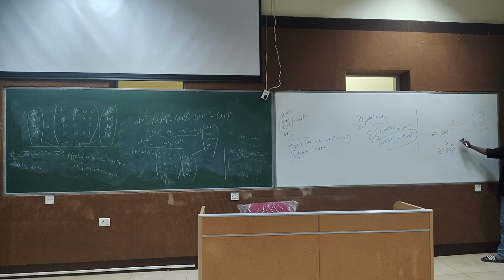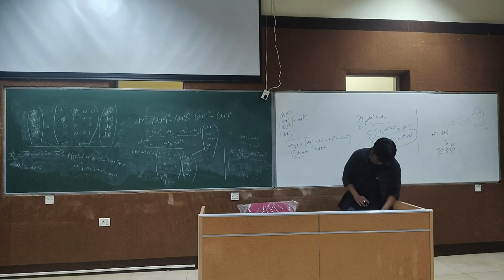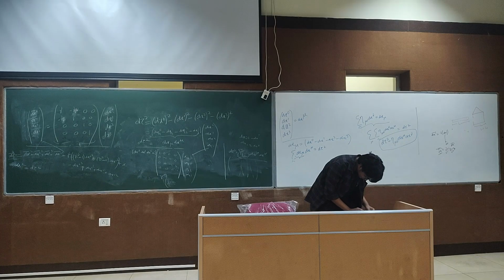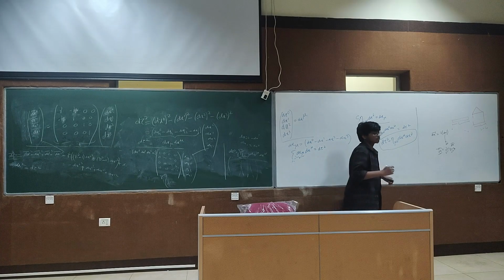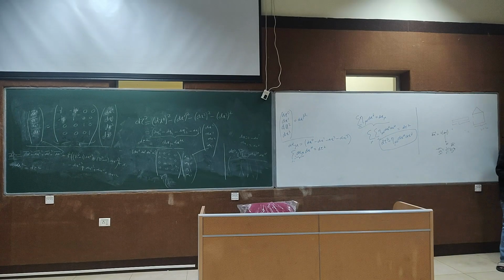Just consider this is the measurement you make, and this is the actual. That's fine because the rod is moving now. In the plane of the rod it is flat, but your plane is moving, right?